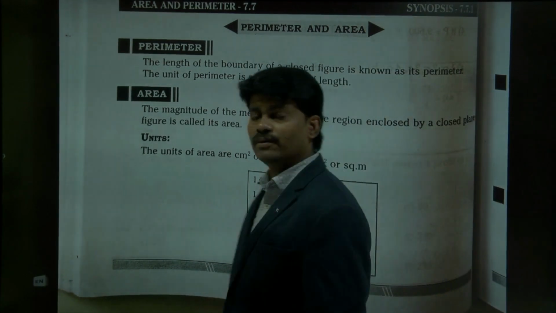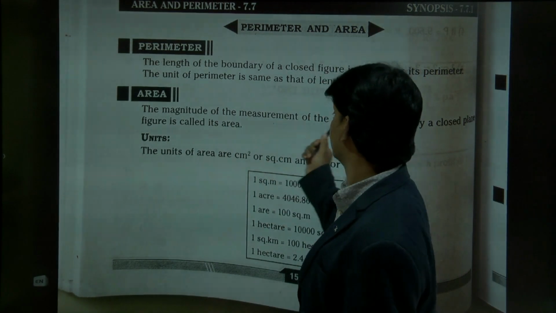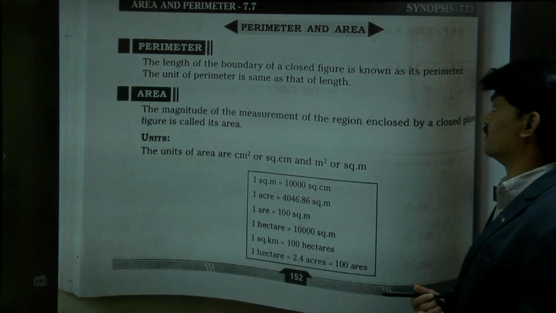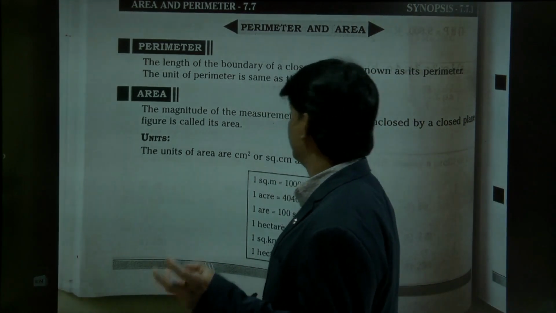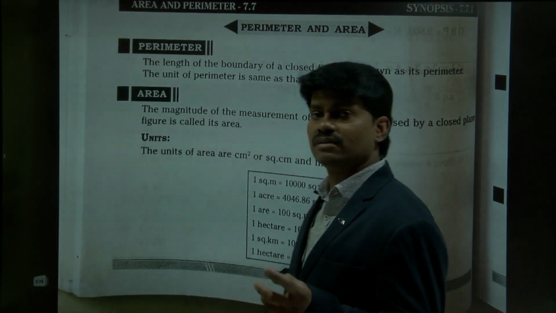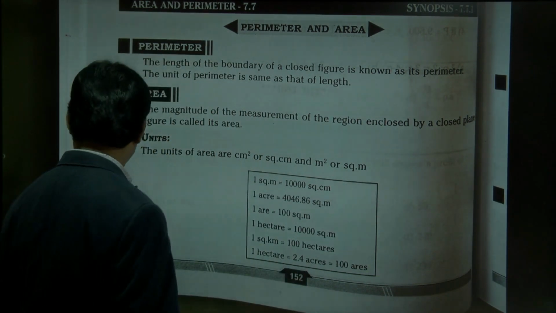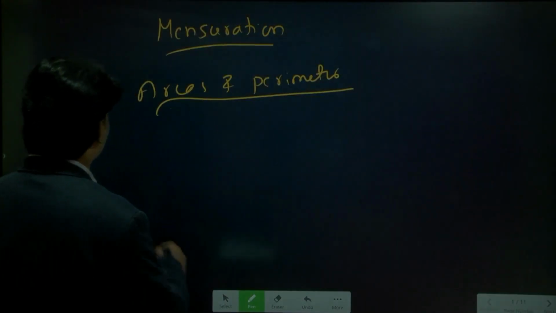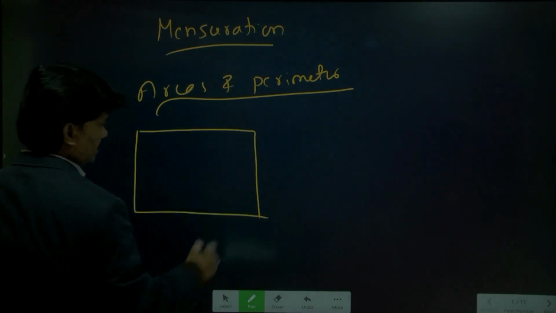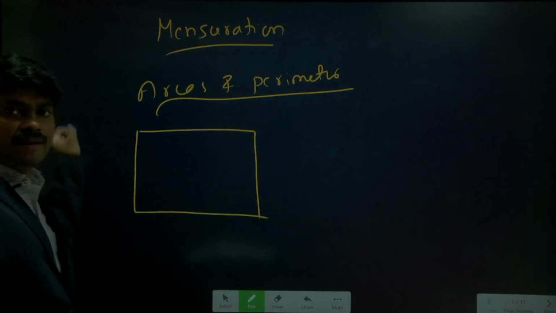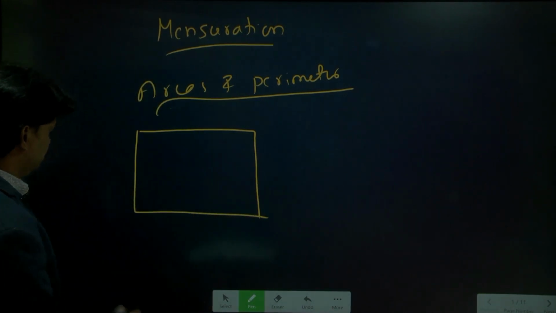The length of the boundary enclosed by the figure, and the magnitude of the measurement of the region enclosed by the closed plane figure. So here I will take a diagram like this: the blackboard is in the shape of a rectangle, and I start here.